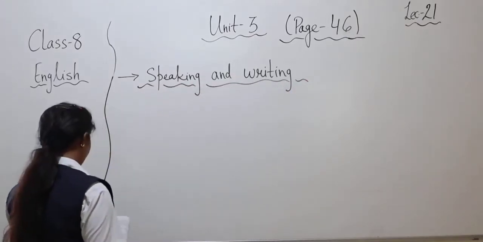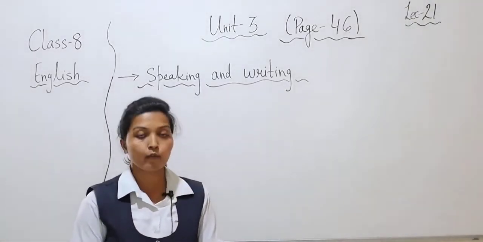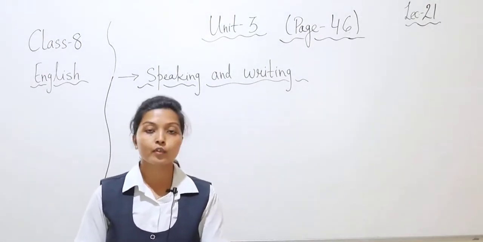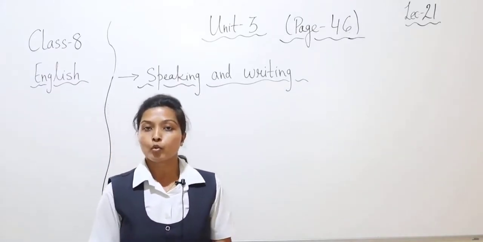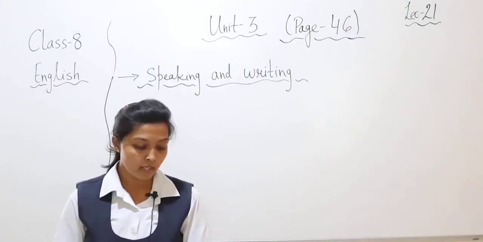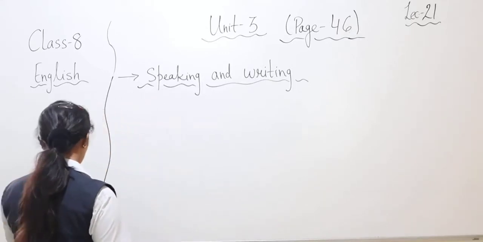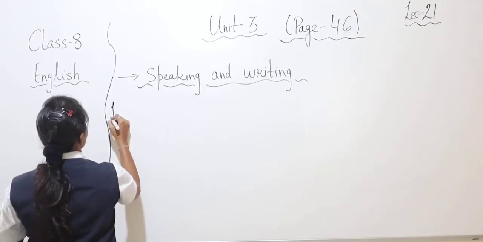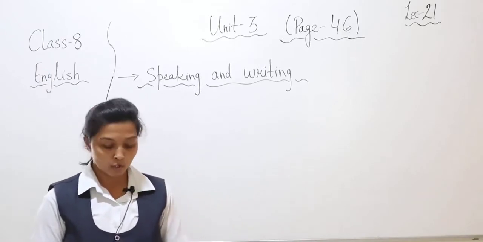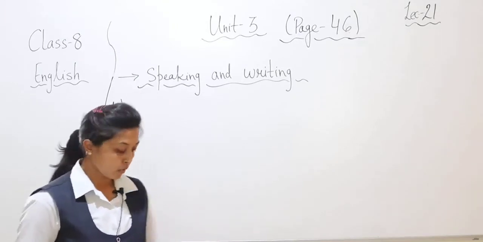So you have to act the role of farmers who have grievances, who have resentment against the policies of the government. But that we are not going to do. Yes, we are going to write down their speech bubbles in dialogue form. First you have to write down, and then you have to play. So this question you people note it down from your book. Now I am going to write down the answer. Okay.